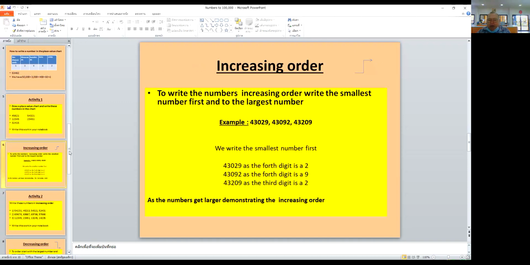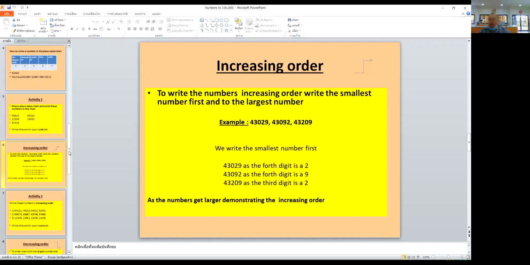Our next section is arranging numbers in increasing value. Increasing value is from the smallest number to the biggest number. Our smallest number, my positive number, is 1.